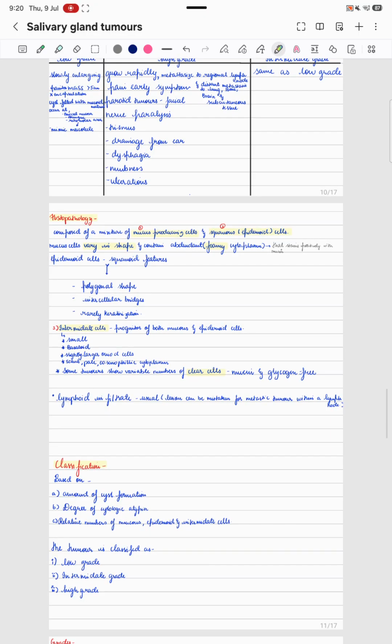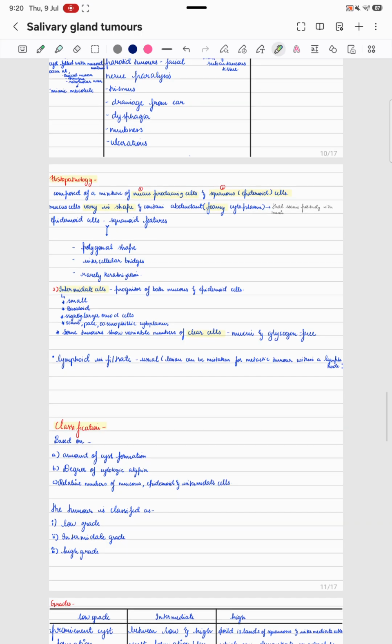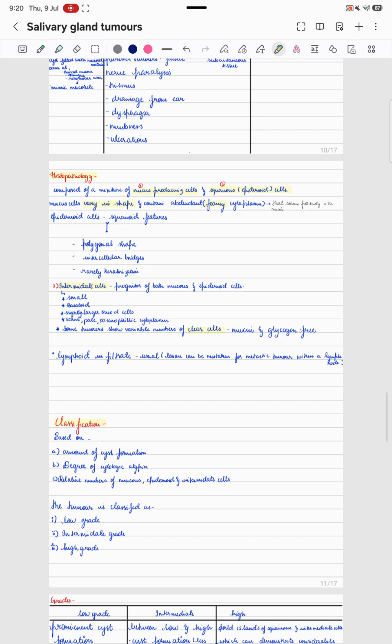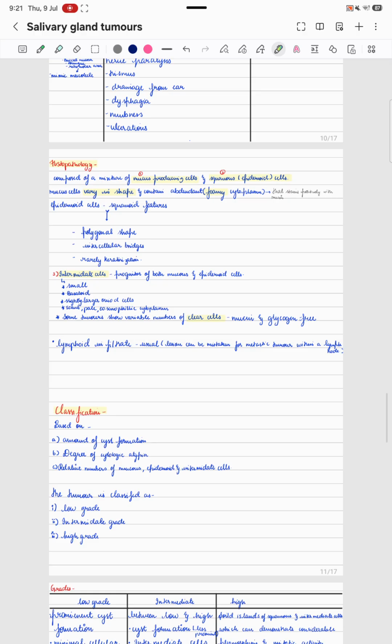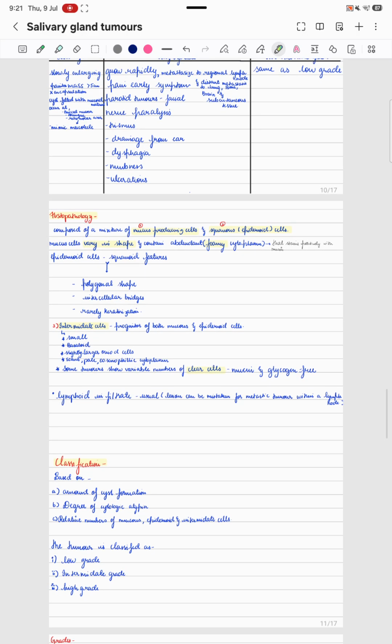So low grade, it basically enlarges up to 5 centimeters and it does not cause any pain. It is painless and it is not encapsulated, and it usually occurs in the buccal mucosa, retromolar area, tongue, and it mimics your mucocele.